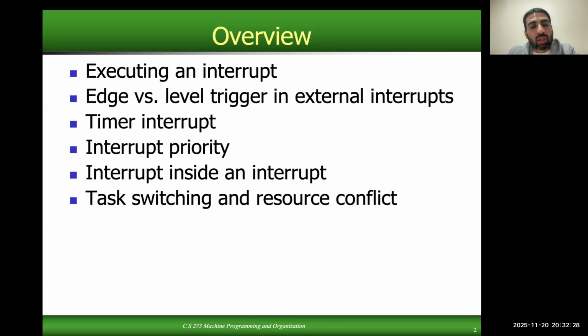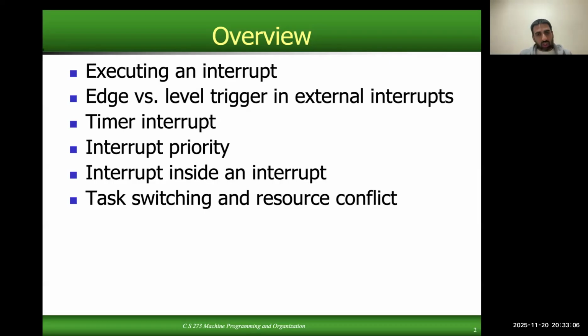Now consider the situation where the overflow interrupt from timer 0 and the output compare interrupt from timer 2 both arise at the same time. It means that two interrupts are active or raised at the same time. How should the microcontroller handle this? The microcontroller needs to run their interrupt service routines, but it can run only one interrupt service routine at a time, because we have one processor.